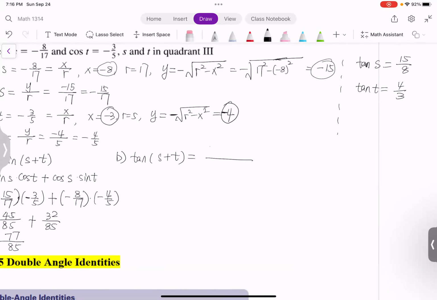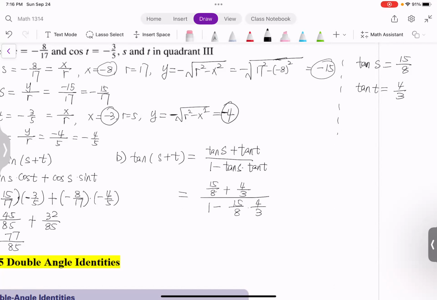On the top, we have tangent s plus tangent t, over 1 minus tangent s times tangent t. And on the top, what do we have? We have 15 over 8 plus 4 over 3. The bottom is 1 minus 15 over 8 times 4 over 3.